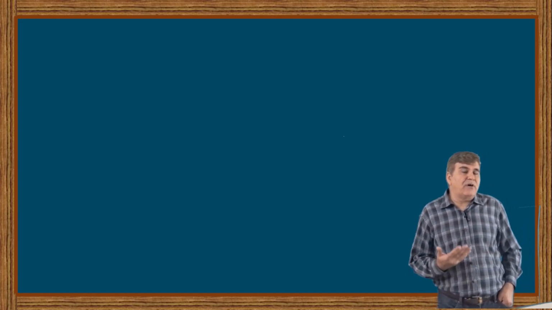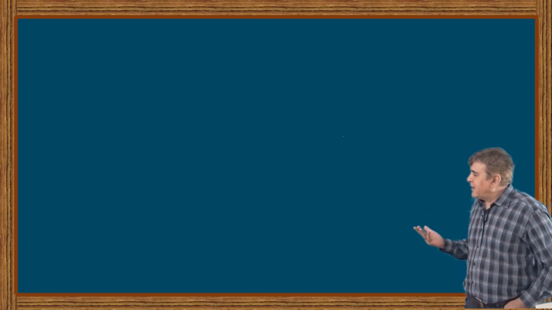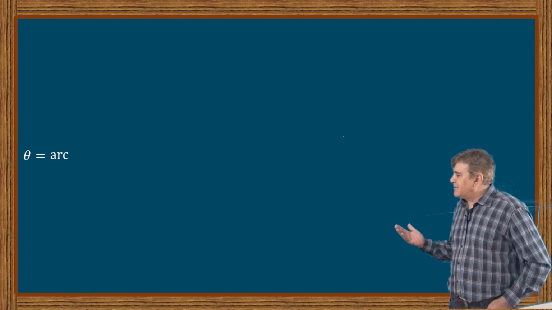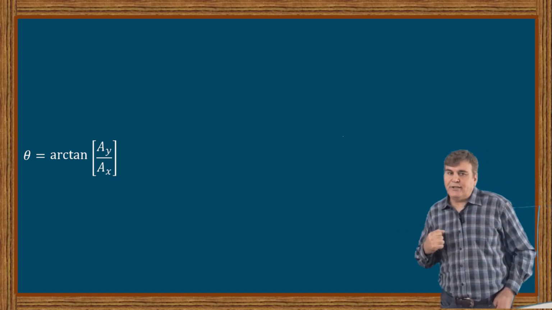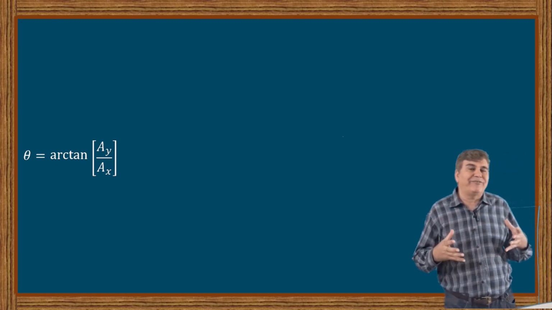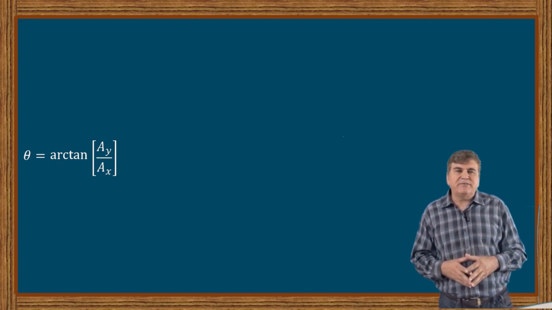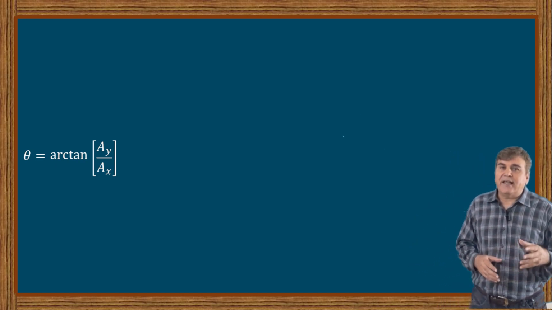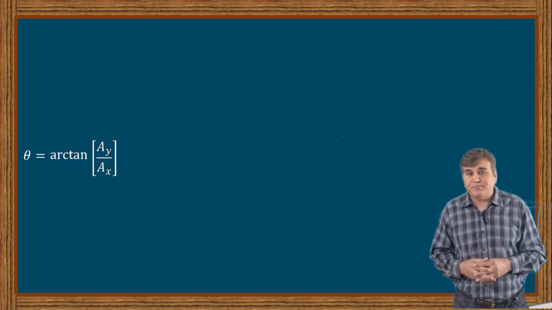That is, the direction of a vector in the xy plane is given by theta equals tangent inverse of the ratio of the y component to the x component. That is, we take the ratio of the two components in the argument of tangent inverse, where a sub y obviously represents the y component and a sub x represents the x component of the vector.